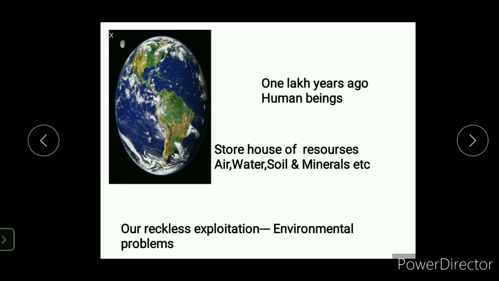My dear students, nearly 1 lakh years ago, we people arrived onto this Earth. Then many other living organisms, other animals also, started arriving on this beautiful planet.